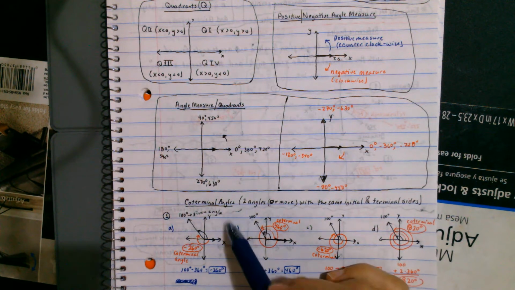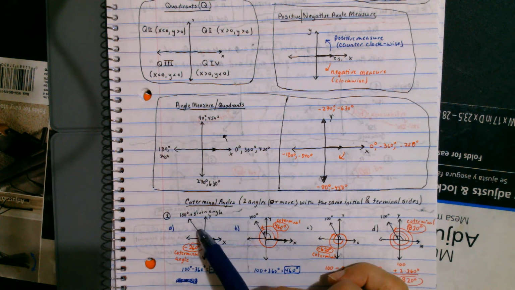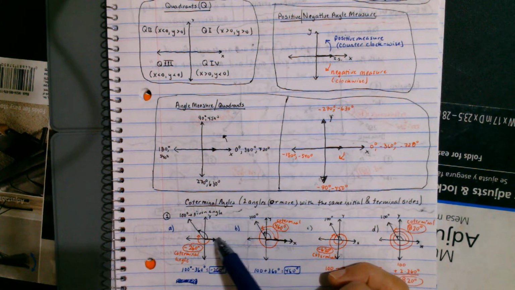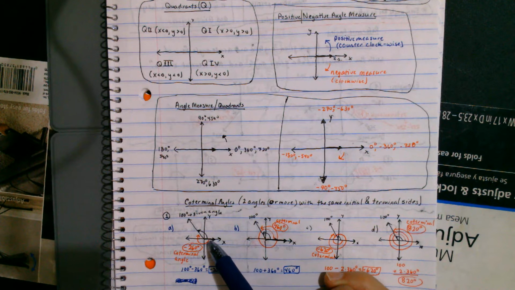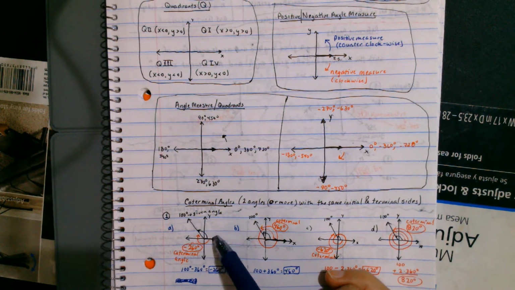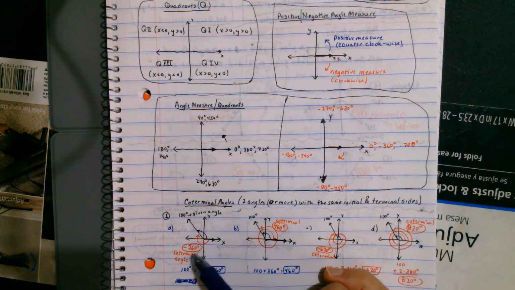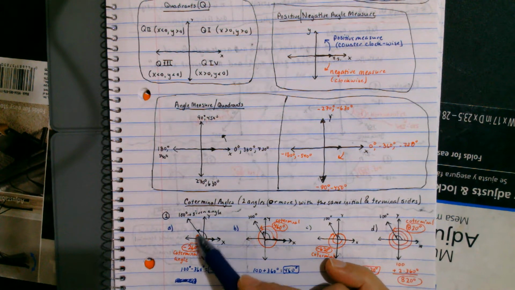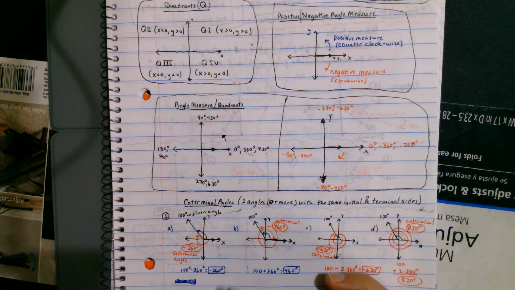So I can take this angle as my given angle, and assuming that we're starting at the positive x, I can go in the negative direction and meet up with them here. So this angle, which marks negative 260, has the same initial and same terminal side as the 100 degrees. So it's coterminal. Essentially, we're subtracting 360 because this forms a circle, but you have to take away because you're going the negative side.